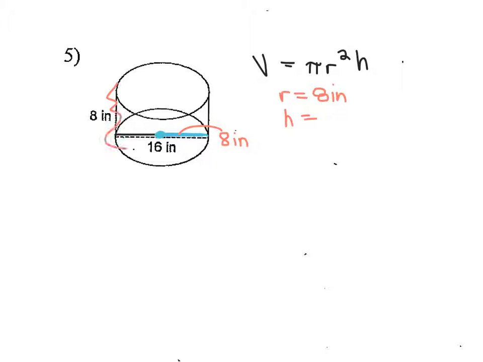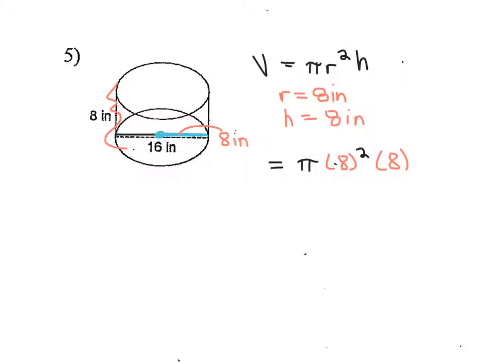That doesn't always happen, but it did in this case. Remember, the height connects the bottom circle with the top circle. So when I plug in my formula with these numbers, I've got pi times 8 squared times the height, which is 8.